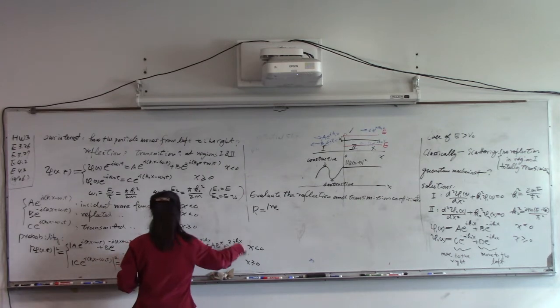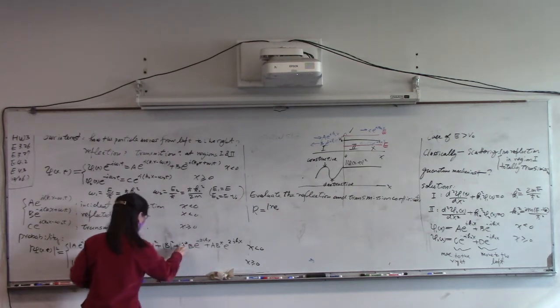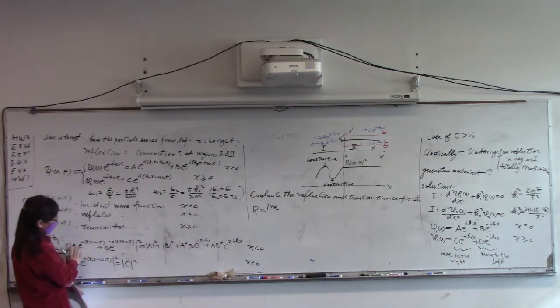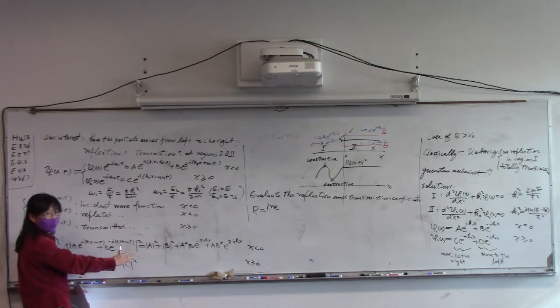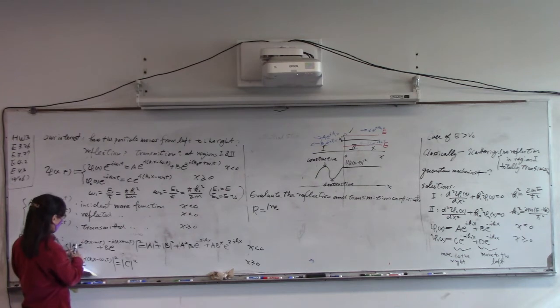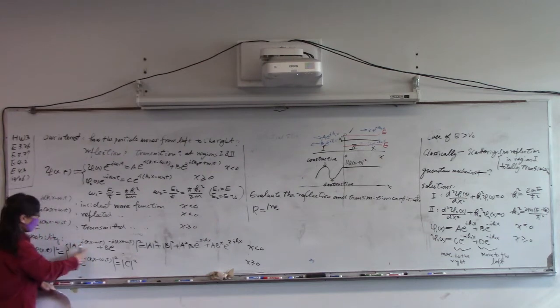You can take the absolute value, that's fine. When we do this, it is the imaginary part multiplied by its real part, I mean the complex conjugate part. Here, for the complex conjugate, we have star, we have minus. This takes star, this takes minus, and this one also takes star.